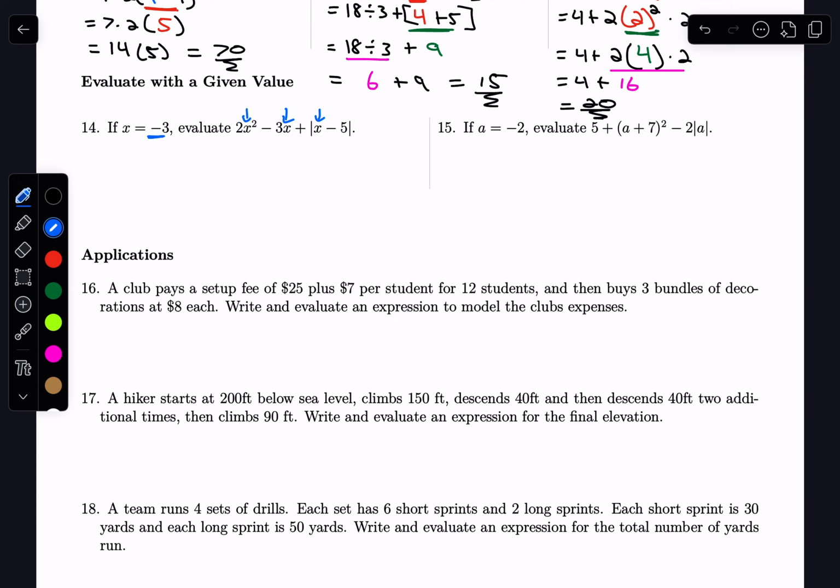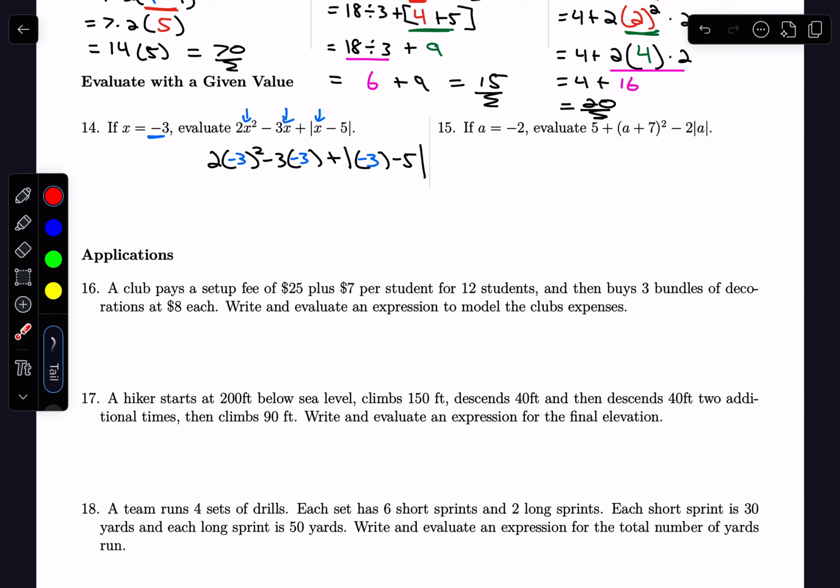Now remember from previous lessons, whenever we evaluate or substitute for a variable, we need to use parentheses. So wherever I see an x right now, I'm going to leave a little bit of a space with some parentheses in it. And then afterward, I'm going to put that -3 inside. So everywhere I see an x, I'm writing a set of parentheses. And then now in those parentheses, I'm going to put that -3 that x is equal to.